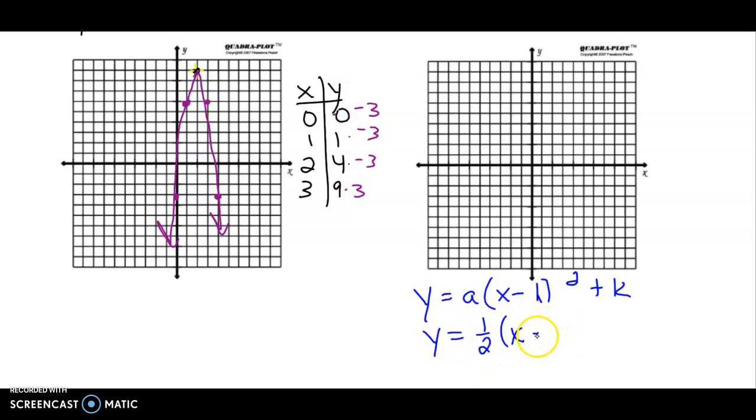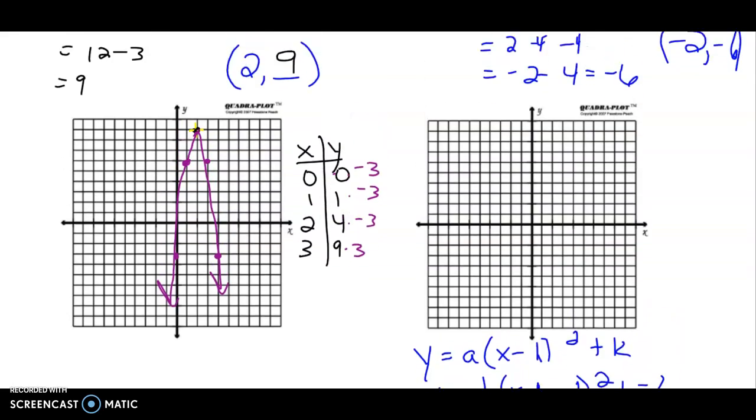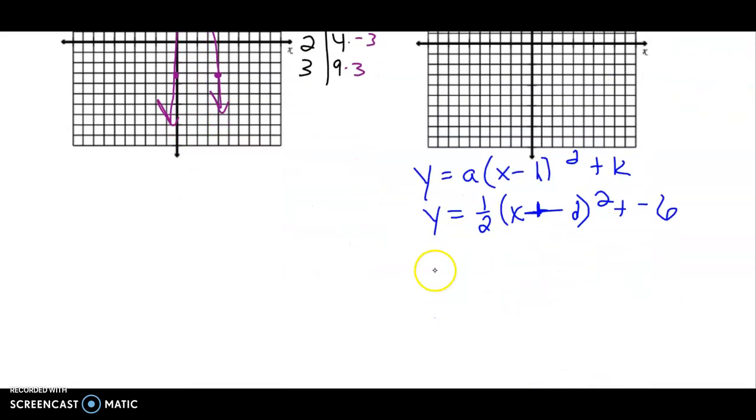We got the h to be -2, so change it to a +2. And the k we got to be a -6. Y equals 1/2 times x plus 2, and then squared, and then -6. So that would be the equation in vertex form.